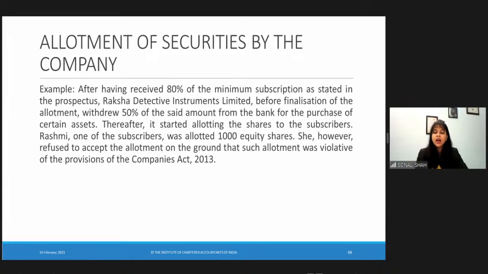Thereafter, it started allotting the shares to the subscribers. Rashmi, one of the subscribers, was allotted 100 equity shares. She, however, refused to accept the allotment on the ground that such allotment was violative of the provisions of the Companies Act. What would you think would be the situation here? So if such a question is there in front of you, how would you answer this? I'm waiting.